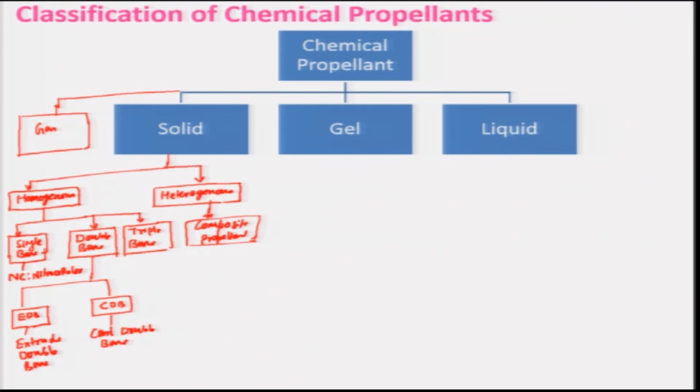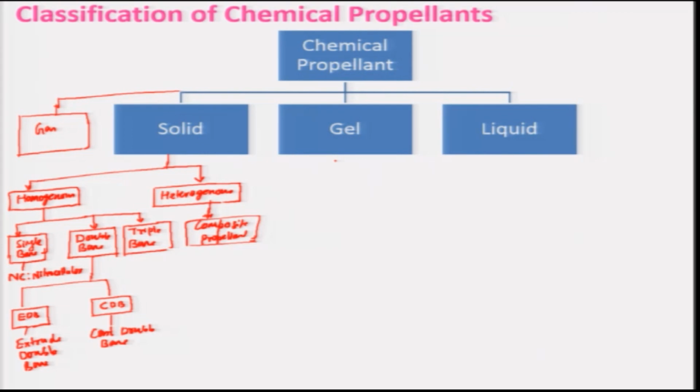And coming back to a little bit about gaseous, gaseous propellant can be in two categories. One is inert propellant, and the other is the chemical propellants. And the gel, of course, various kinds of gel are being used, because the gel propellant has both the advantage of solid and liquid. It will be in between.